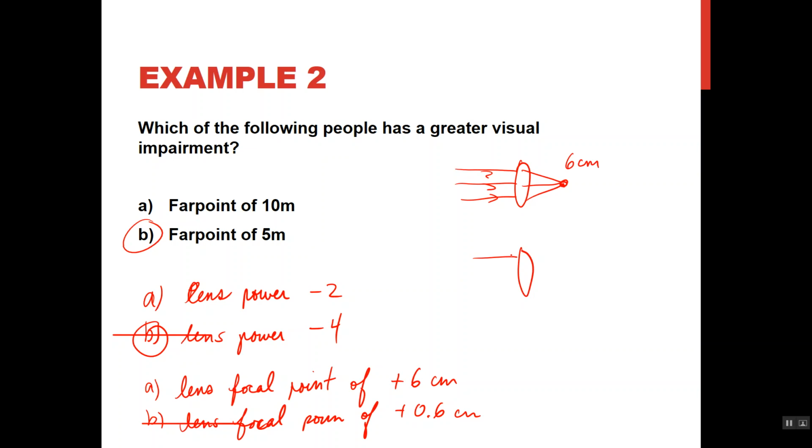And in the second one, the focal point is 0.6 centimeters. So which one had to converge more? The second one. So that means those are stronger glasses. So if you need glasses that converge light more for you, then that means you have a stronger visual impairment.